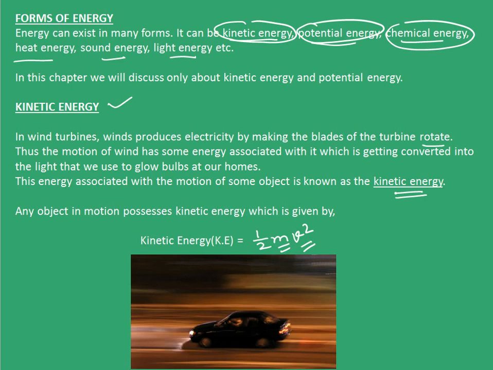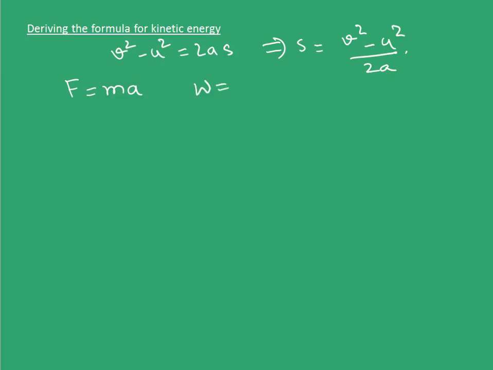Now, how do we derive kinetic energy? We know from equations of motion that v square minus u square equals 2as. This implies s equals v square minus u square upon 2a. The force acting on the body is mass into acceleration, and the work done is force into displacement.